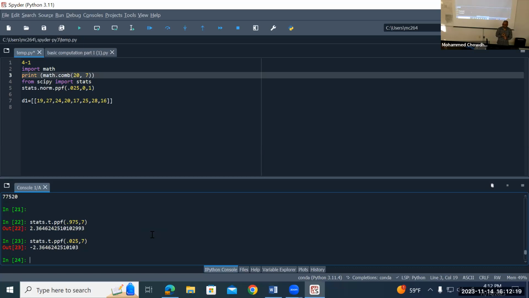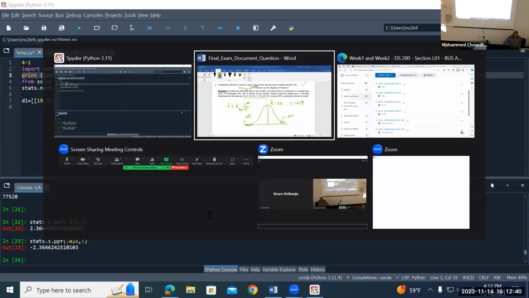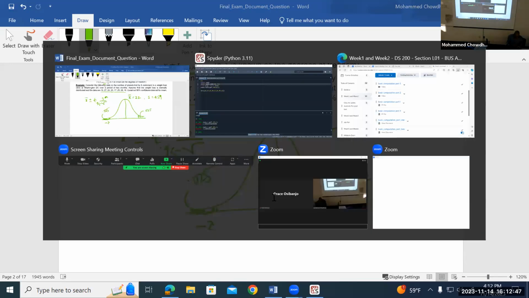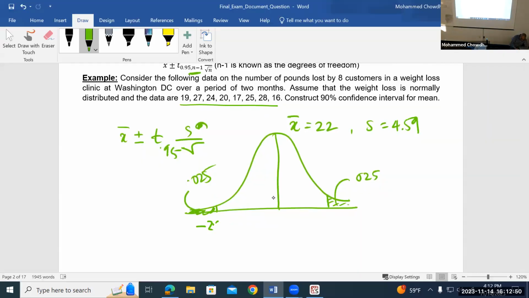Another uses T when sample size is less than 30. Clear, right? So in your exam, when you read the question, please pay full attention. Don't make a silly mistake. So that means if I plug this value in here, that should be negative 2.36. This is positive 2.36.